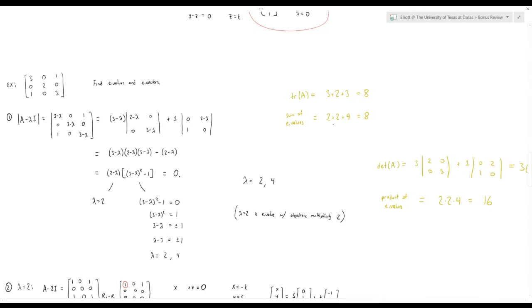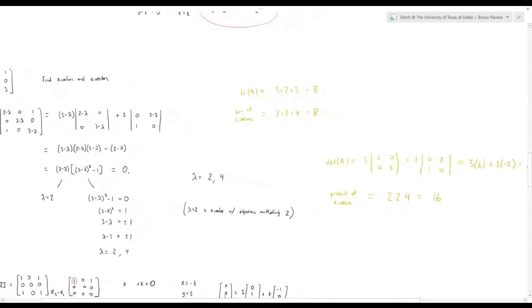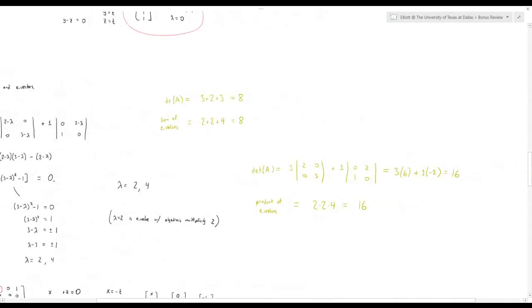Okay. I guess as a quick comment as well, the trace is equal to the sum of the eigenvalues. I also mentioned last time how the determinant turns out to equal the product of the eigenvalues. Again, for this one though, if an eigenvalue is repeated, you have to include it that number of times in the product.